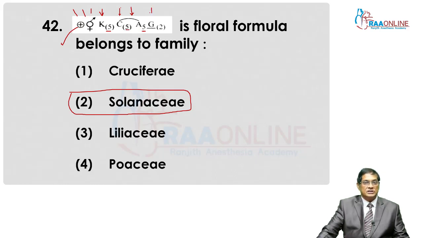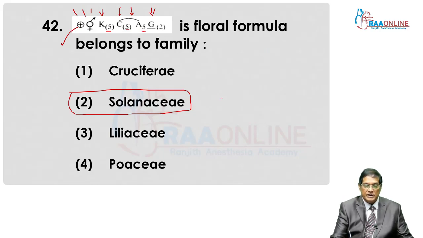Whereas G2 condition is found in Brassicaceae as well as in Solanaceae, that is bicarpellary, syncarpous, superior ovary. But Brassicaceae and Solanaceae can be distinguished on the basis of this loop and the number of petals and sepals, that is 5. Two features identify this family.